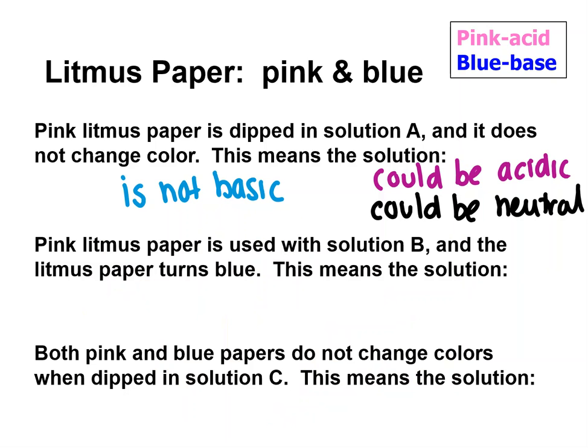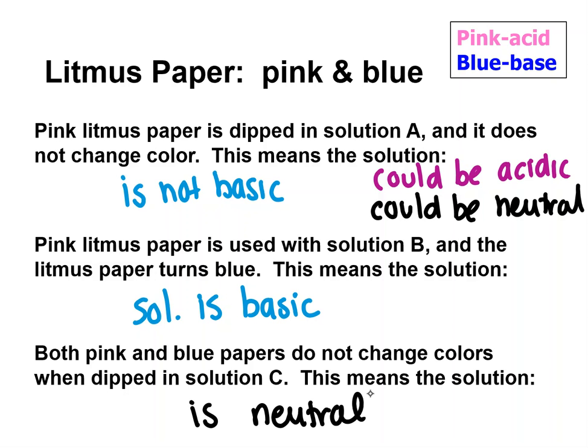If pink litmus turns blue, that means the solution is basic. If both pink and blue do not change colors, that means the solution is neutral. So moving toward pink means acidic, moving toward blue means basic.